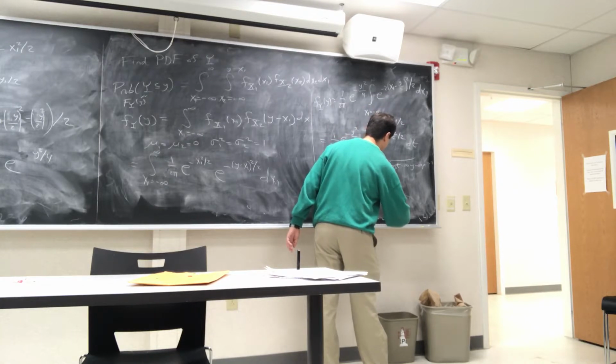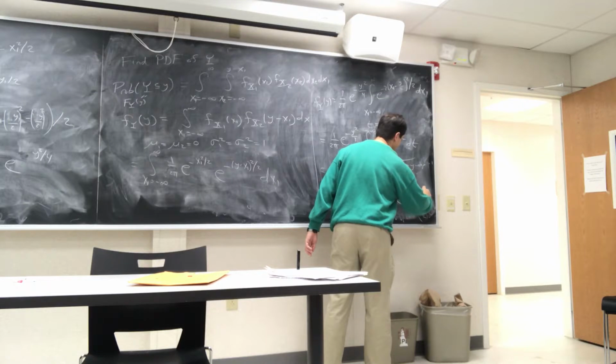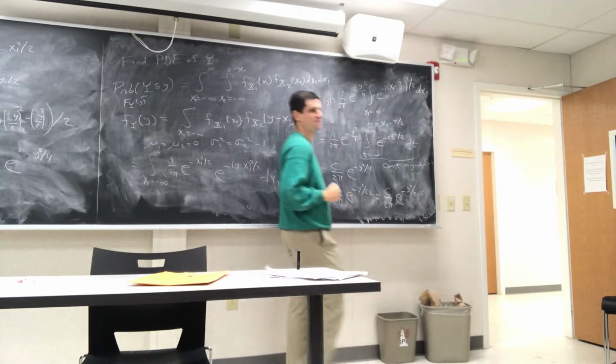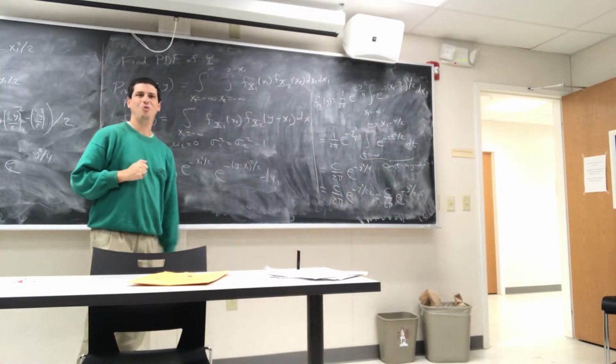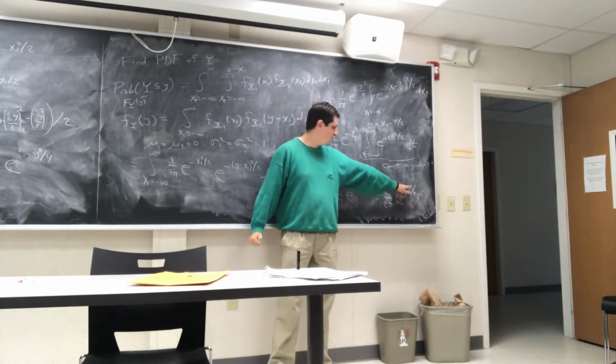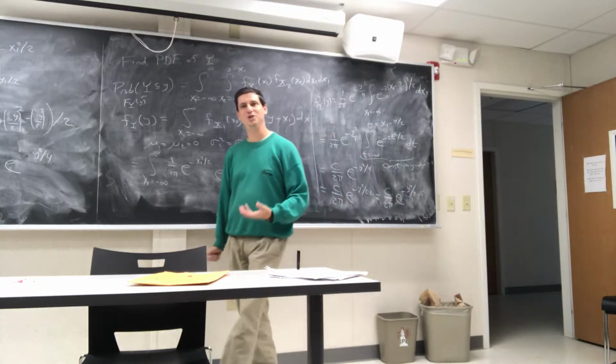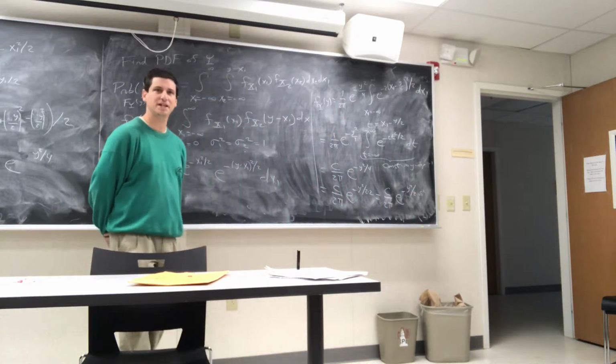C over 2 pi e to the negative y squared divided by 2 times the square root of 2 squared. Why would I do this? Because now this looks like a normal with mean 0 and standard deviation squared of 2 or variance 2. That's my sigma squared.